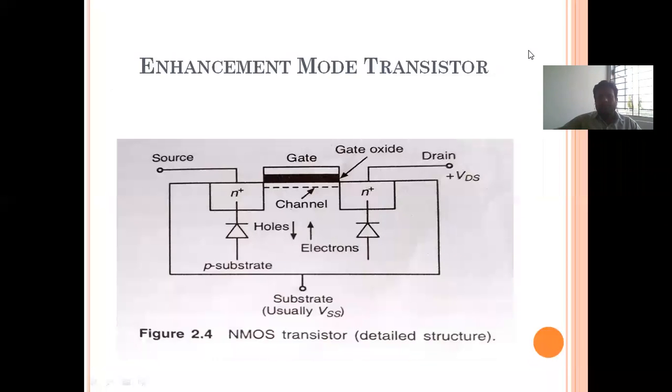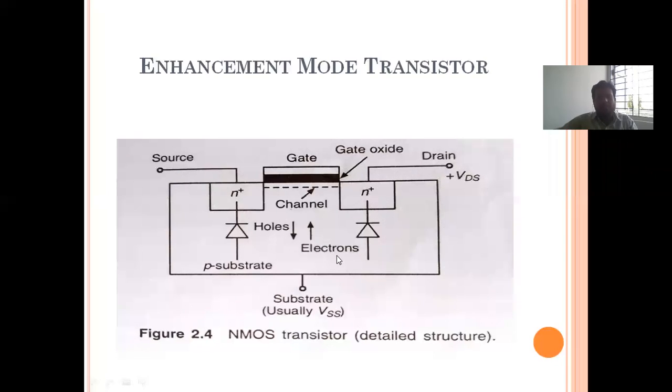Now here, this is the enhancement mode transistor. You will understand, this is the gate terminal. This is the polysilicon material. This is the insulator material. And here is the channel, between the two highly doped N regions. And this is the P substrate.